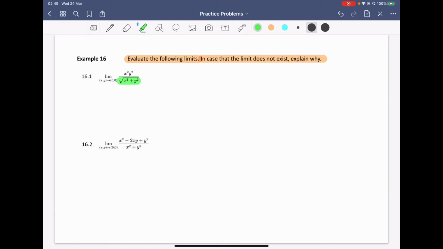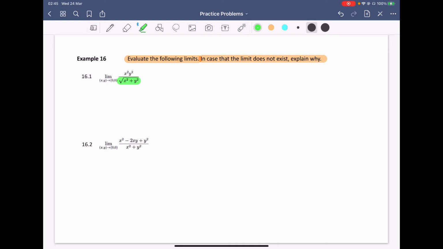So you need to use another technique. I hope you tried it already, and you can see that if you pick many lines, you still get 0. This leads you to the idea that maybe the limit is actually 0.